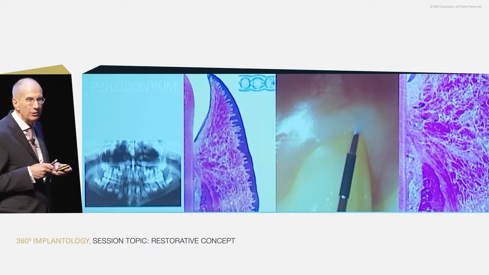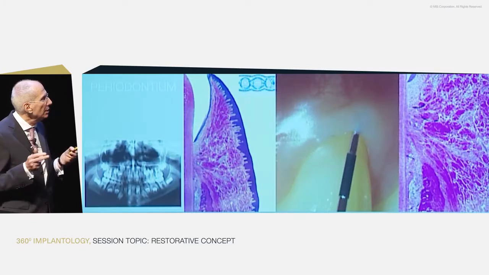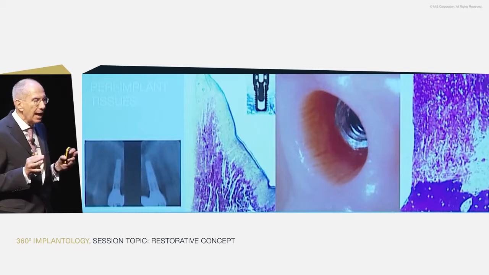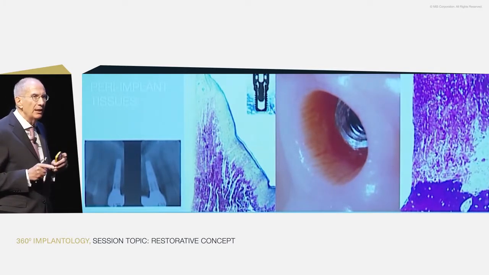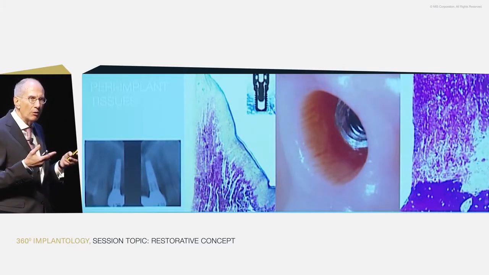We can diagnose it. We realize if there is any pathological process going on, or if there is absolutely a healthy situation. It's not so easy if we are going to implants, because we have a scar tissue.